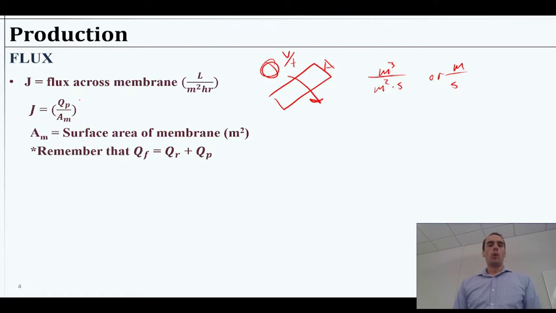And so what we're interested in is actually not the flow rate leading to the membrane, but the flow rate going through it, right? So because this is a flux through an area, that means we actually have to use QP when we're talking about, so if this is volume over time, that's a term for Q, right? But this is Q that is permeating. Because the flux is the amount that's going through the actual membrane, right?